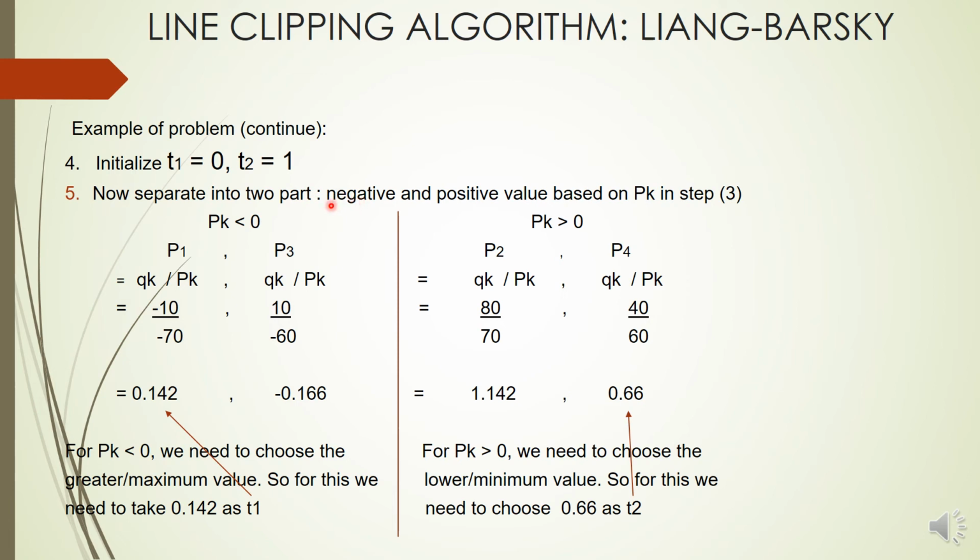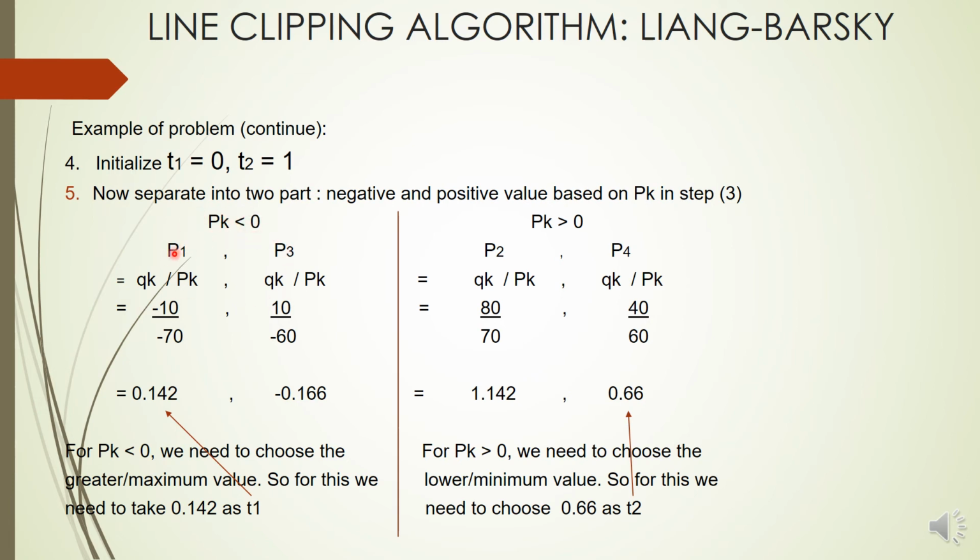So we separate into these two parts, either your PK is less than 0 or PK is greater than 0. All the PK and QK having the negative value from step number 3, you list down under this part.